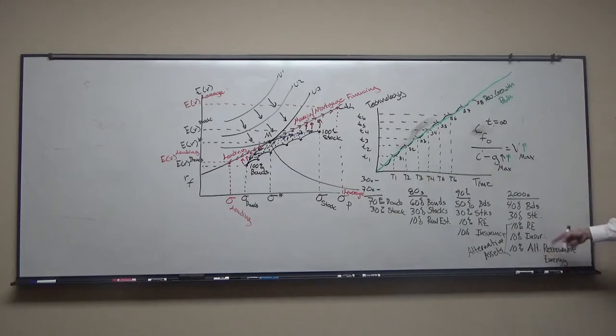And the beauty of these alternative assets, which have become extremely popular, is that they have low, no, and negative correlation with stocks and bonds. So they're great diversifiers for a pure stock bond portfolio.